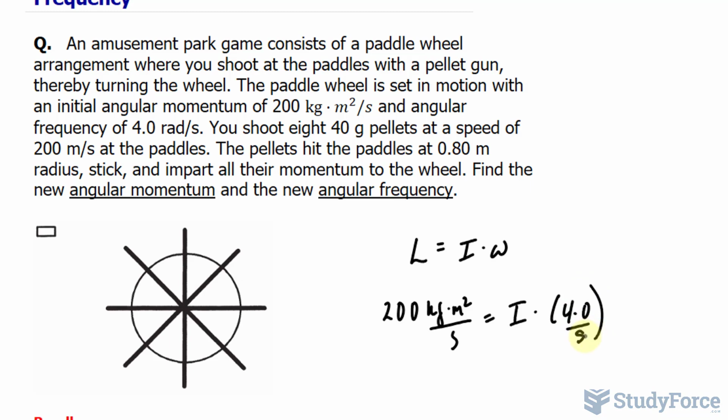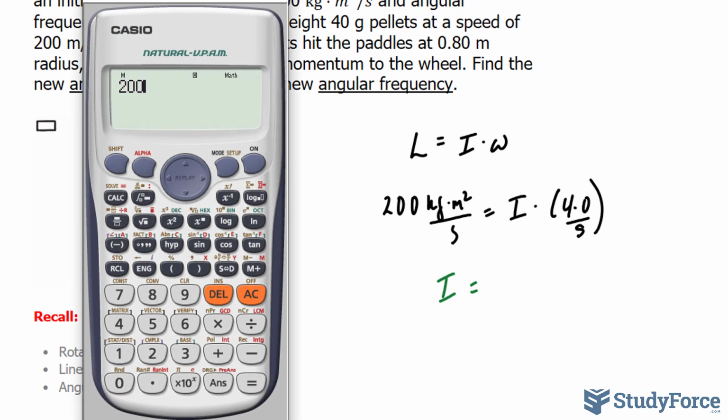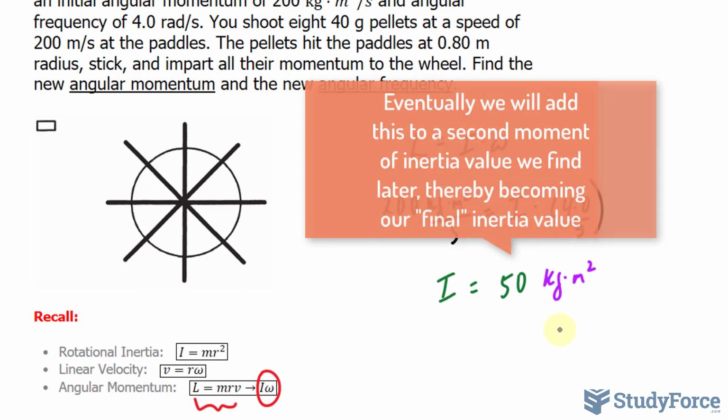Now you don't need to write down radians per second, it's the same thing. So if we divide both sides by 4, we end up with our initial moment of inertia. 200 divided by 4.0, you can do this in your head, it's 50. And the units for this, if you work it all out, should be kilograms times meters squared.